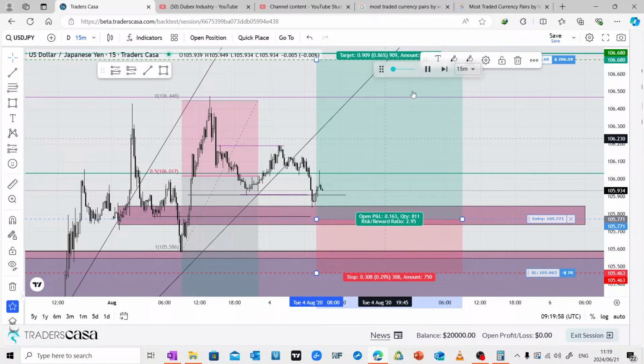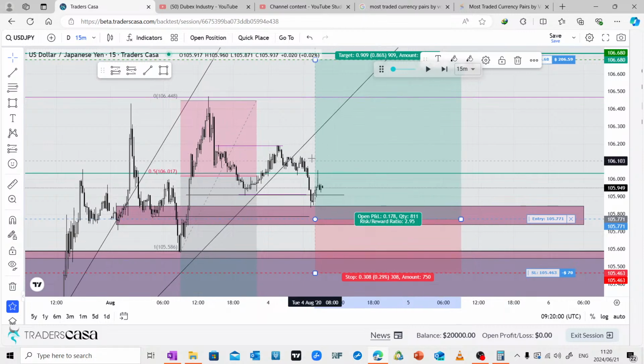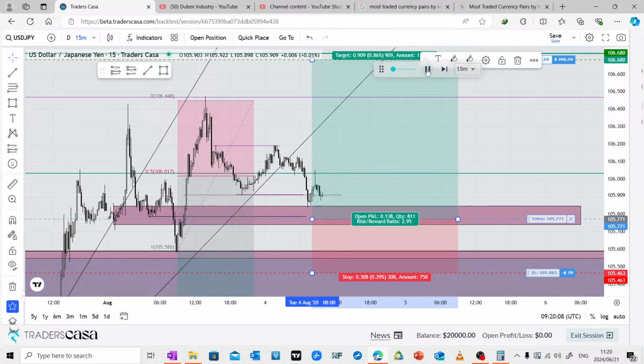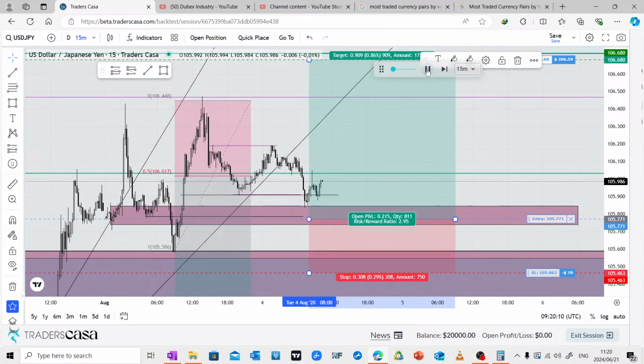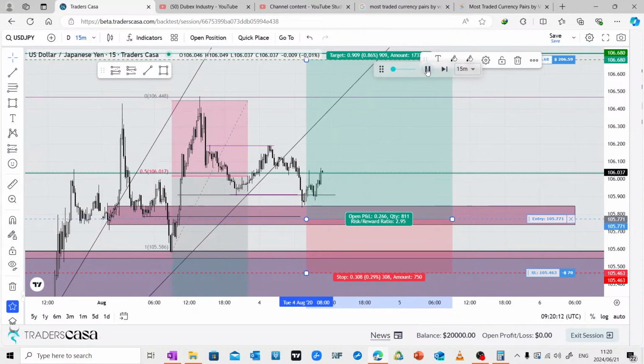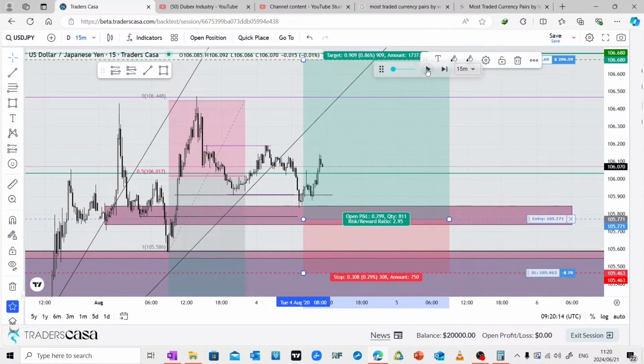Okay, market is reacting. We've got a short-term high here, short-term low. Will this low get violated? Kept it. So now I think this is a low.